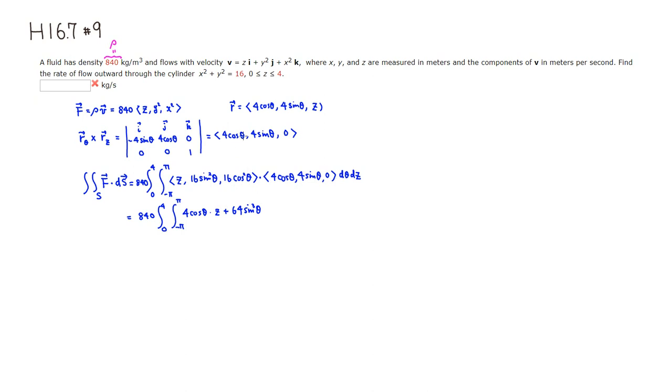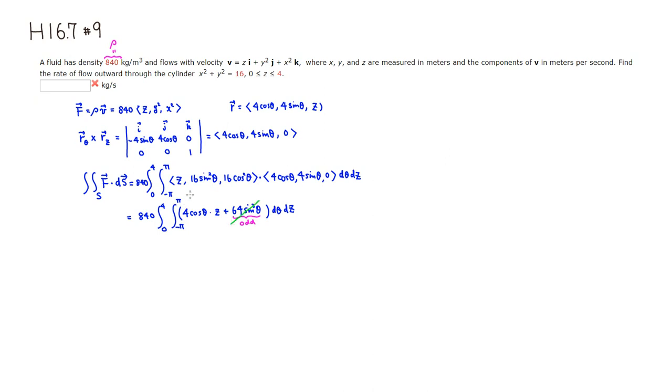Then 0 times anything is 0, so you just get that, with respect to theta and with respect to z. Since theta is going from negative pi to positive pi, an odd function is going to give 0. You can see that sine cubed of theta is an odd function, which means the integral from negative pi to pi ends up being 0. So I'm going to scratch that out.